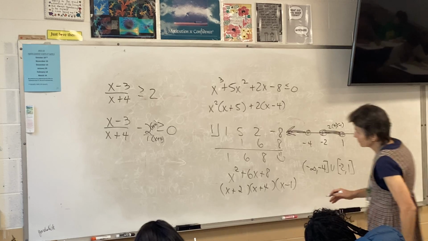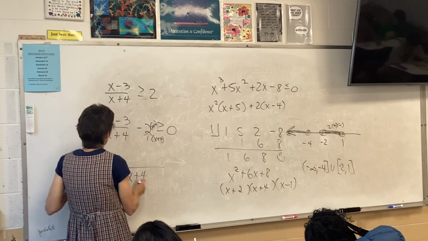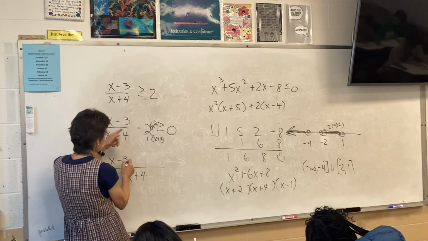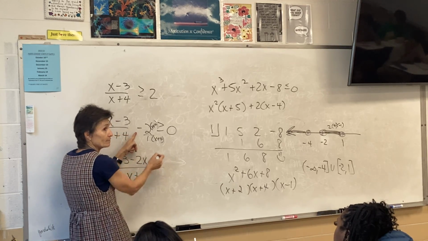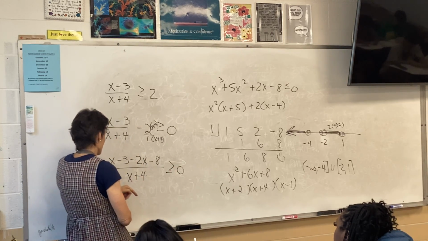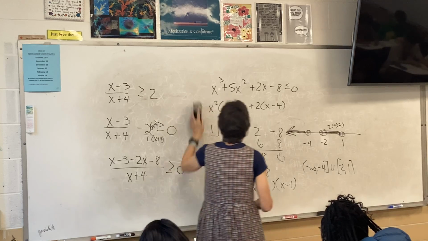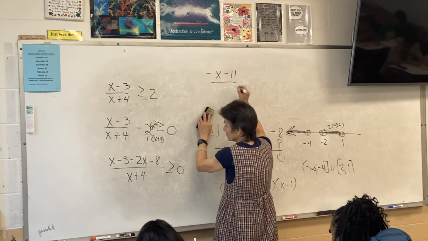So my denominator is x plus 4. So I have x minus 3, be careful, minus 2x minus 8. So negative x minus 11. Is that right?